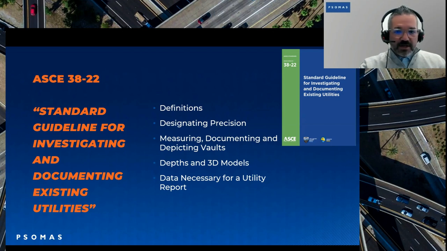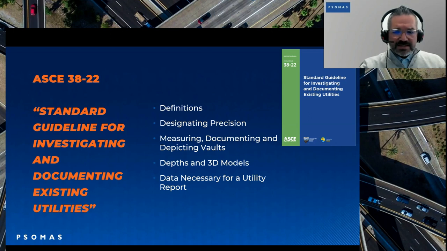And sometimes that vault opening is offset and it's not exactly in the center. So a lot of times you have utility conflicts in construction, or construction conflicts, because the depiction of that vault isn't accurate. So one of the updates is to address the depicting of the vault so that the design engineer has a better understanding of where that vault is.